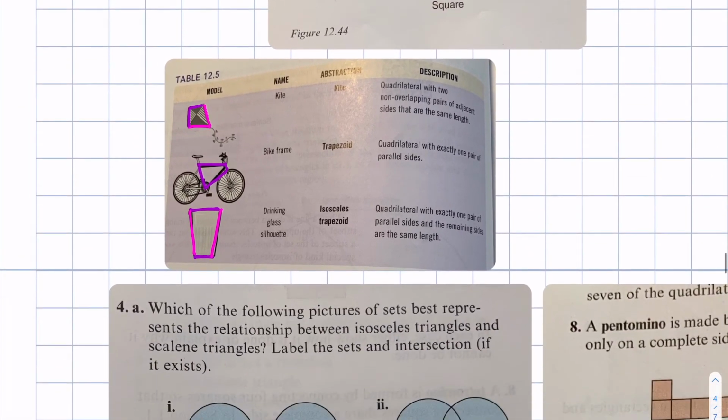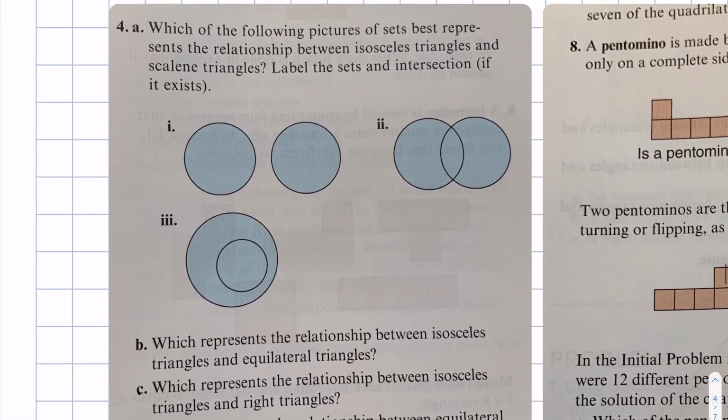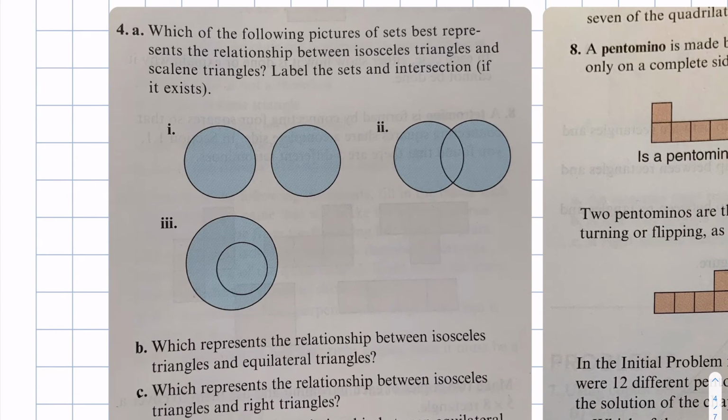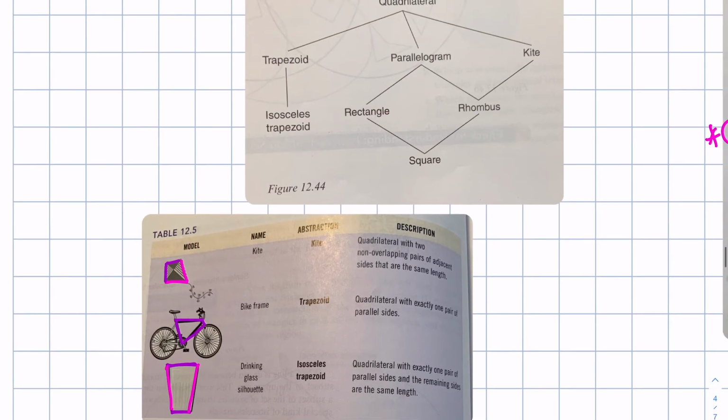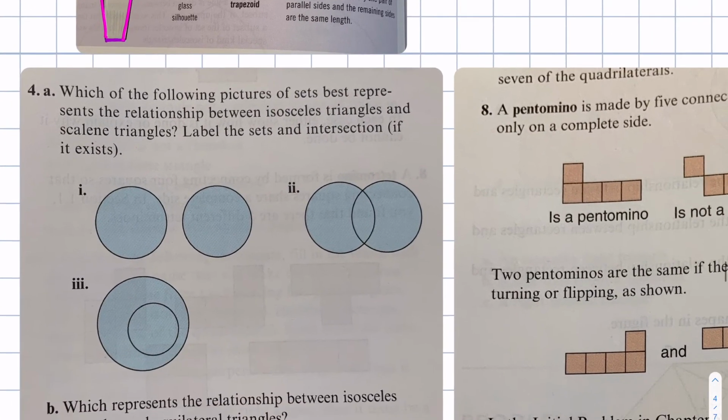Okay, great. So I want to finish off this section with a couple examples just to help get you through what the homework looks like. I think these Venn diagrams are really helpful for understanding the relationships between these figures. It might be helpful for you to take these charts or diagrams that they've drawn here and turn them into Venn diagrams, if that makes more sense to you.